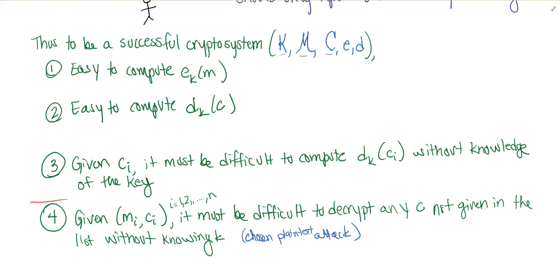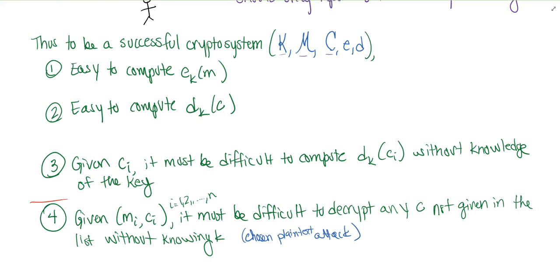Number 3 is absolutely pivotal as well. If we are given any of the ciphertext, in the event that it's intercepted, it must be difficult to decipher without knowing the key.